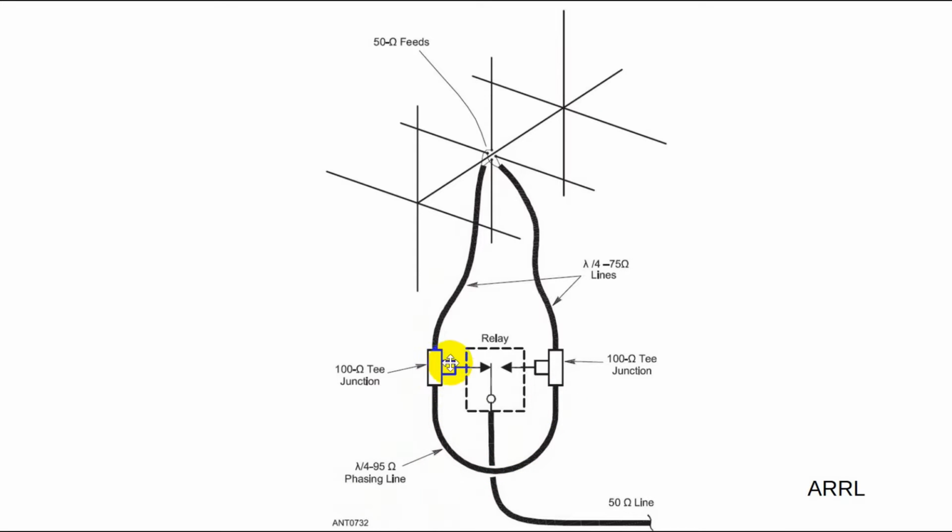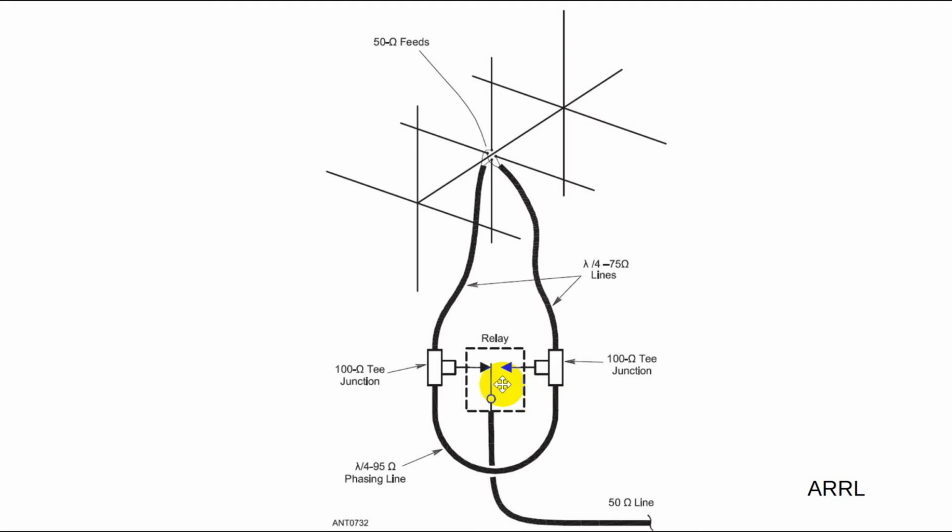Okay, so if the relay is in the closed position, shown here, the signal goes up a quarter wavelength to here. And it goes a quarter wavelength here and another quarter wavelength to the other antenna. So one goes to the east-west and the other goes to the north-south. This will create one type of polarization just with those two crossed antennas.